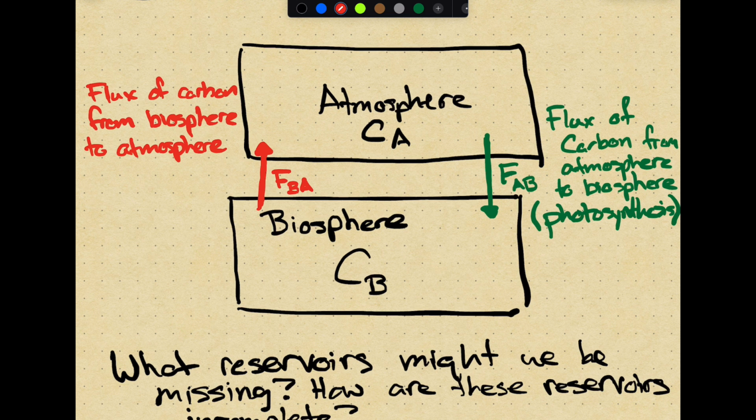Breathing, from humans? Okay, yeah, I guess that technically is true. We take carbon that is stored in our cells and we respire it. So that's one source. It's probably small relative to the ones I'm thinking about, but yes, that is one flux of carbon from the biosphere to the atmosphere.